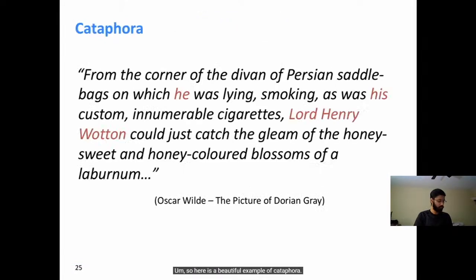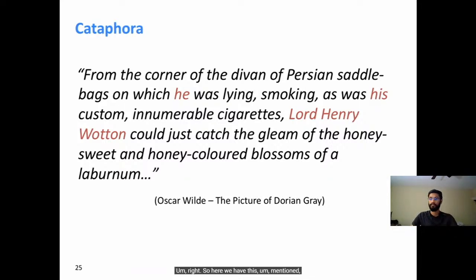So here is a beautiful example of cataphora. This is from Oscar Wilde's The Picture of Dorian Gray. "From the corner of the divan of Persian saddlebags on which he was lying, smoking, as was his custom, innumerable cigarettes, Lord Henry Wotton could just catch the gleam of the honey-sweet and honey-coloured blossoms of a laburnum."